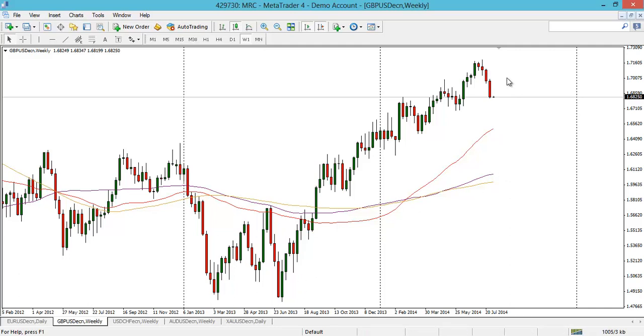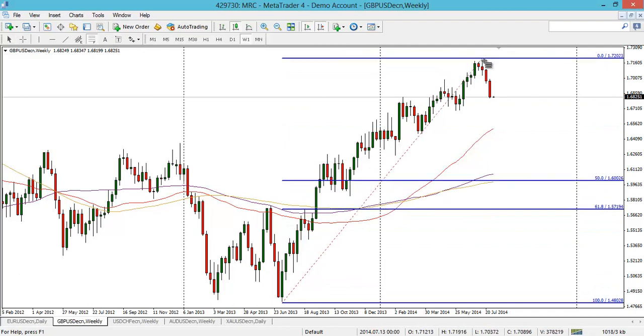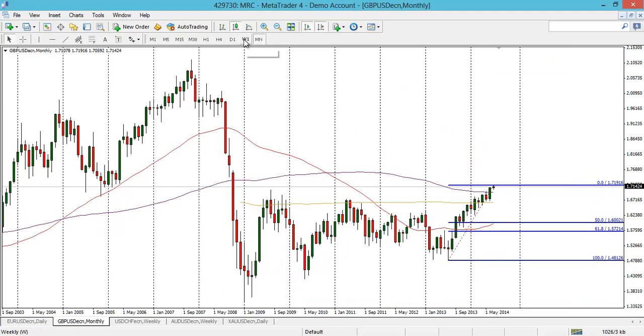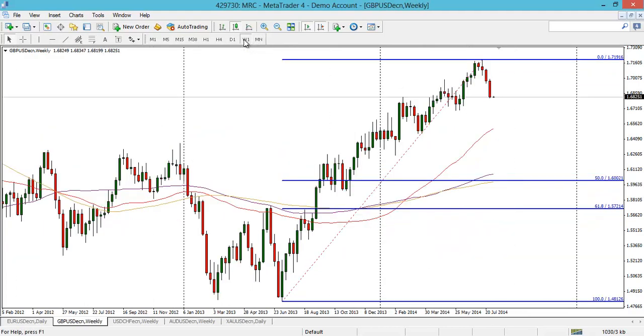The famous quote is going up via the stairs, coming down via the escalator, and that's already quite evident on this cable chart. I would not be surprised to see this fib come into play over this year. Of course, we're still a long way away from that, but I just wouldn't be surprised to see it.